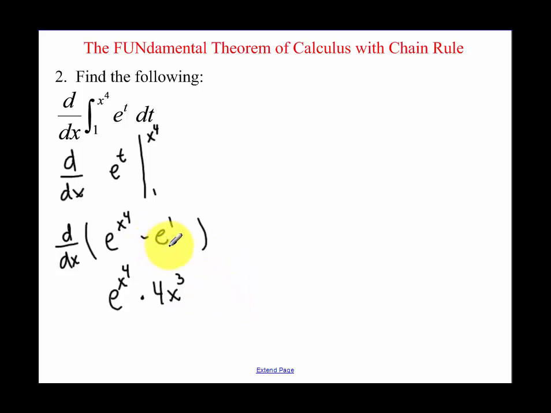The derivative of e to the 1st is 0. So my final answer is 4x to the 3rd times e to the x to the 4th. And I've done that in a different color for a specific reason for you guys.